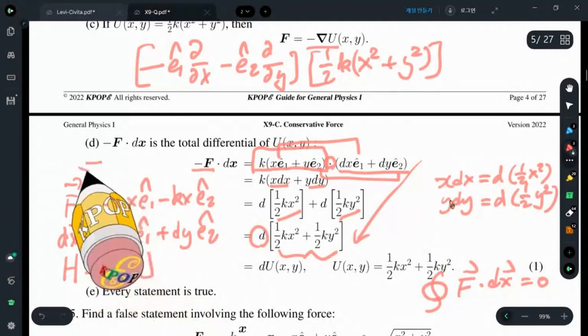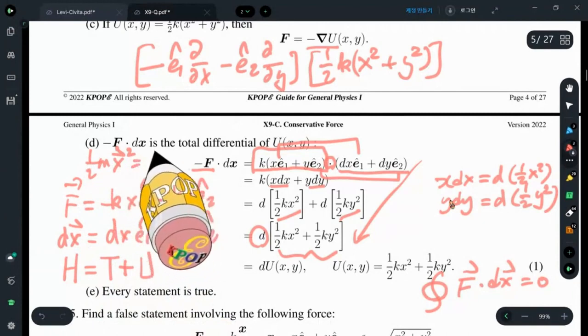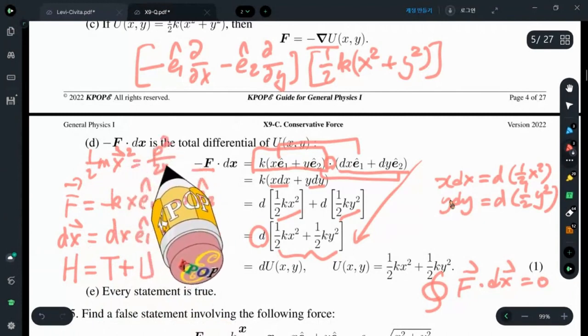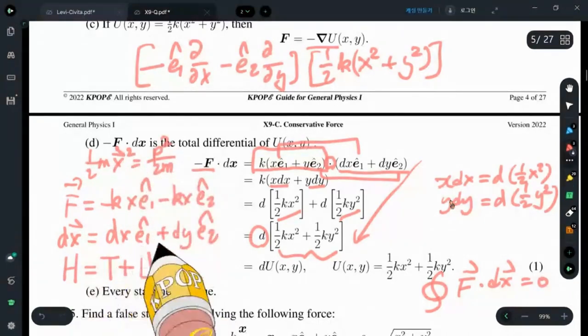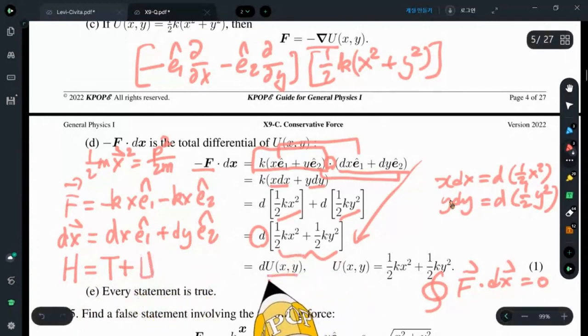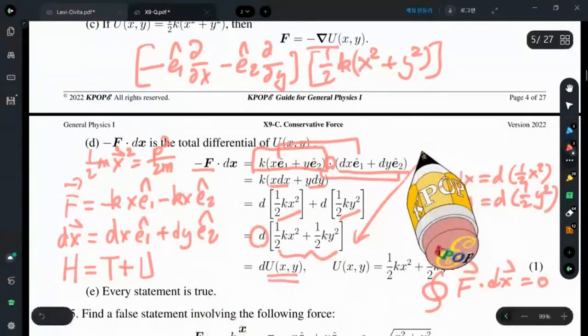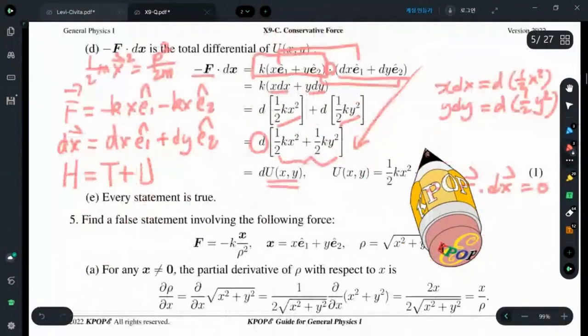Kinetic energy is one half m x dot squared or p squared over 2m. This kinetic energy and potential energy that we just have found, the sum is always conserved. It doesn't change with respect to time. That's the reason why we repeatedly study this kind of calculations.